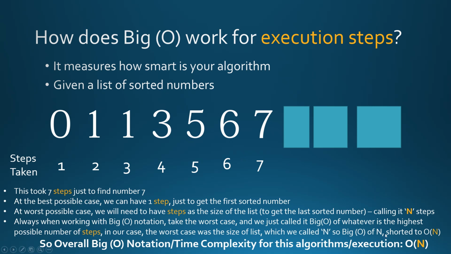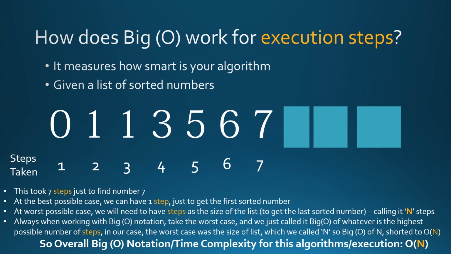We shorten it to O, open bracket, n, close bracket. So overall, the big O notation, or time complexity, for this algorithm is going to be O of n. This is how we can calculate the big O for an algorithm using execution steps being processed by a processing unit like a CPU or a GPU.